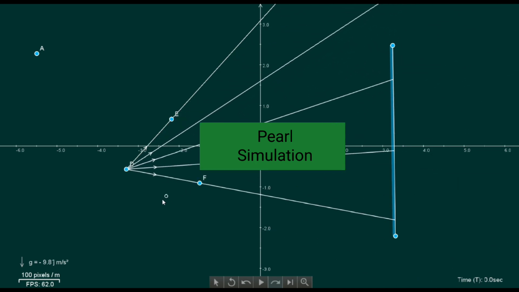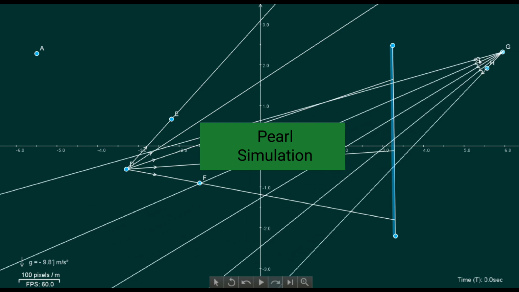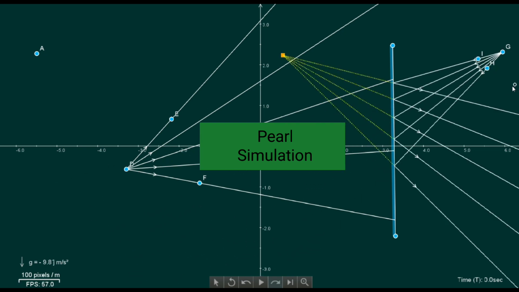What famous experiment did Isaac Newton perform involving refraction? Isaac Newton used a prism to show that white light is made up of all the colors of the rainbow. What is the acronym used to remember the colors of the rainbow? The acronym is ROY-G-BIV, representing red, orange, yellow, green, blue, indigo, and violet.